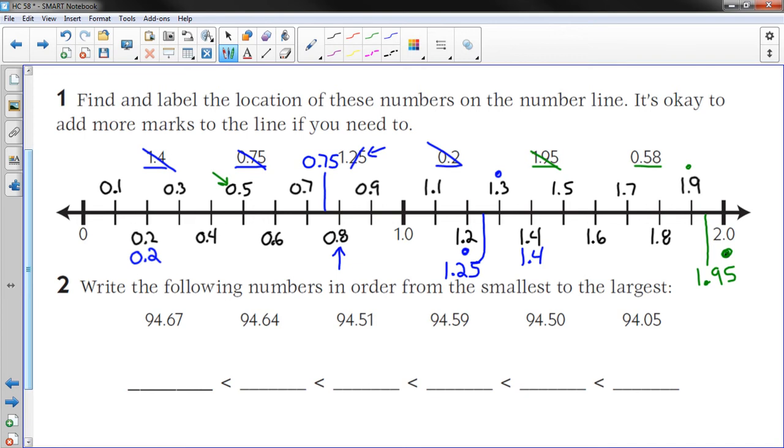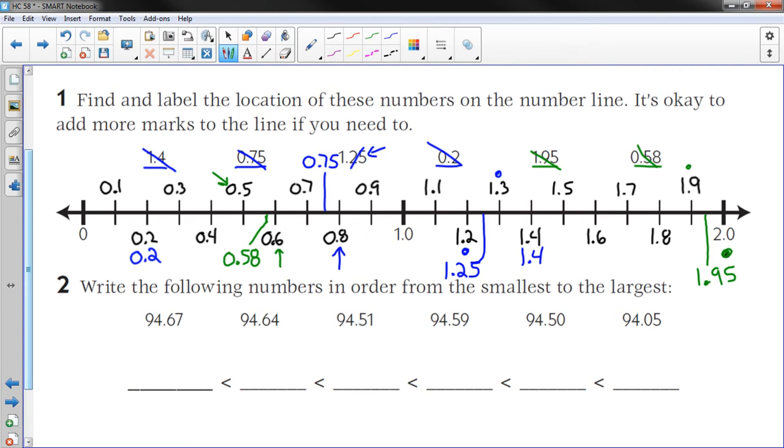It's less than 6/10, which is right here, but it's closer to the 6/10. It's a bit closer, so I need to have it a little greater than the halfway point. I'm just going to do that. 58 hundredths. I'm going to cross that out. You might want to use colored pencils for this, just so it's easier for the teacher to see where you put everything, especially if you're going to label the number line with the tenths.